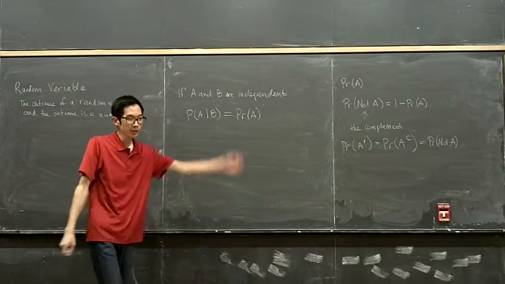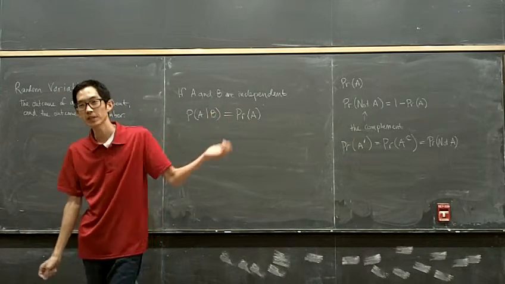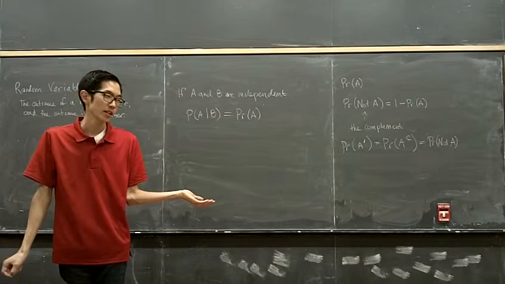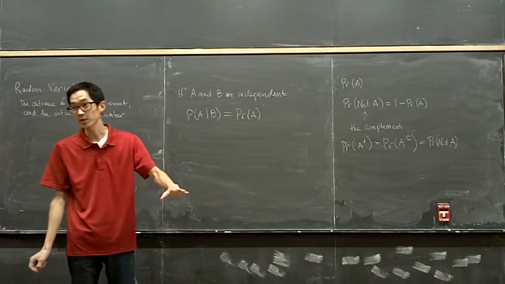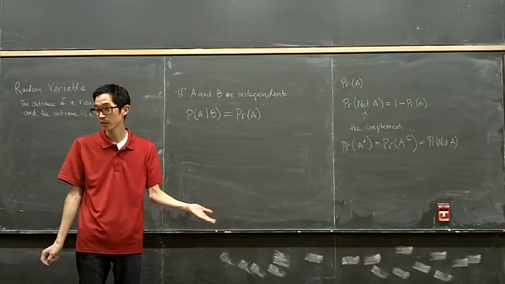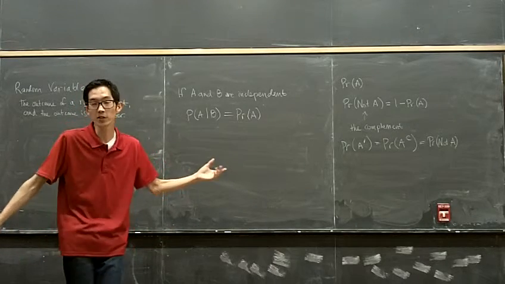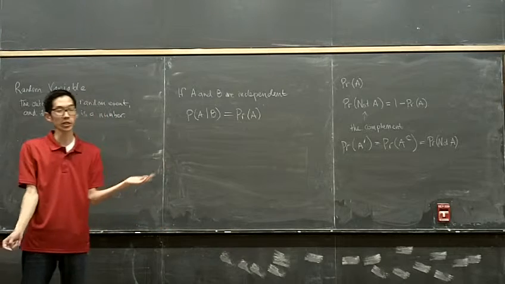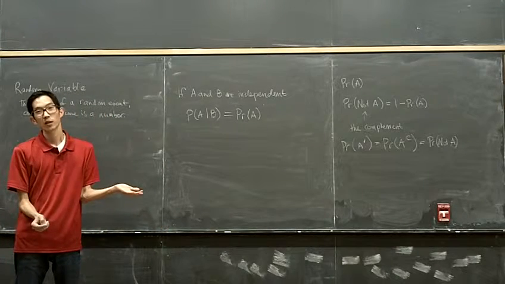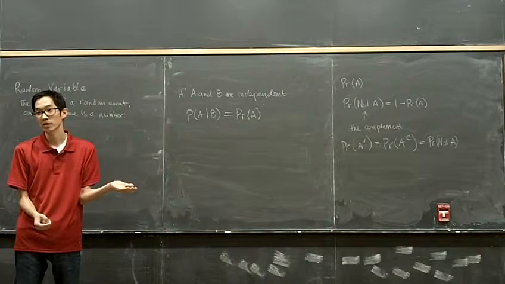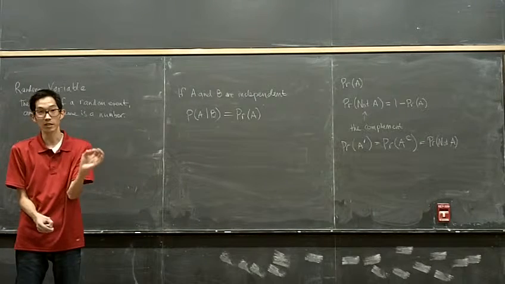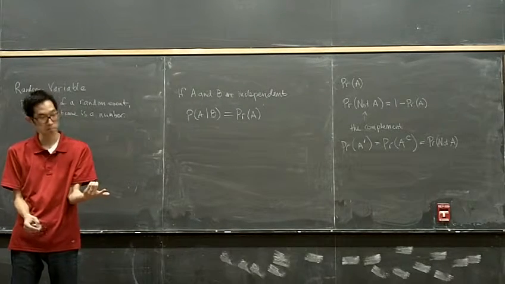So a random event could be something like I flip a coin, and the coin either lands heads or tails. That's a random event. I could easily change this into a random variable by saying I flip a coin, how many heads do I see? And the answer is either I see 0 heads or I see 1 head.